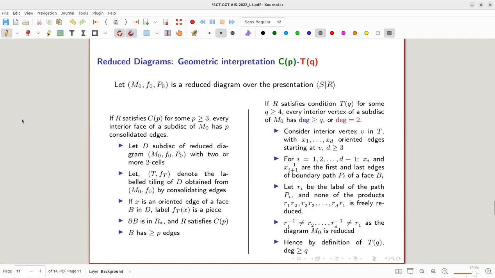So the label is a piece, and the boundary, delta B, is the boundary label of the face B. That is in R star, that is R in this case. So what does it mean? It means that delta B is a cyclic permutation of some relator, right? Because it's a 2-cell, so that must be in R star. I mean, in this case R, we have assumed that it is symmetrized.